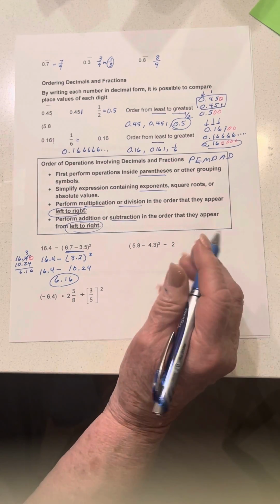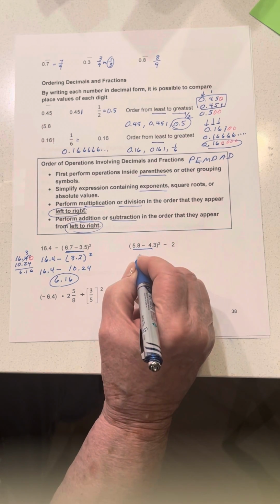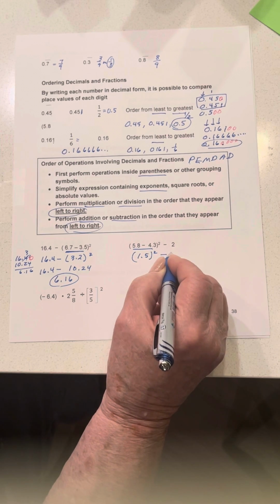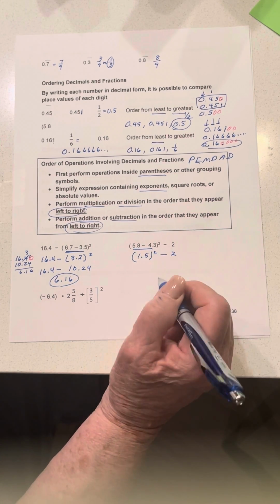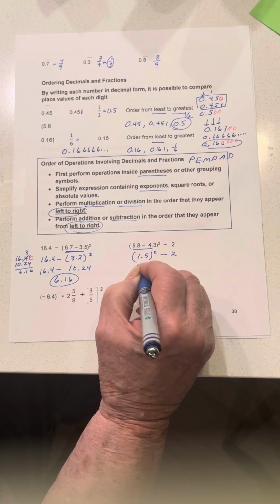Okay, this one we have kind of the same organization. We're going to do what's in parentheses first. 1 5/10. We're going to square that and then subtract 2 from it. So 1 5/10 squared is 2 25/100.